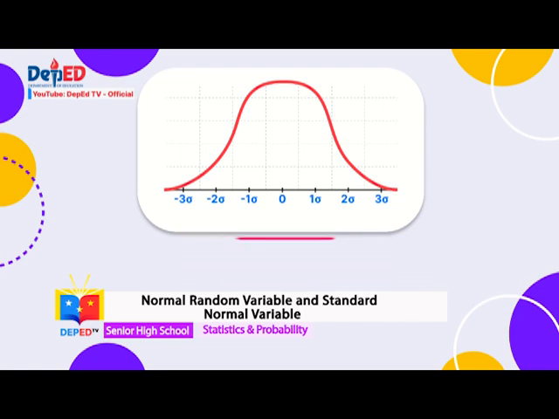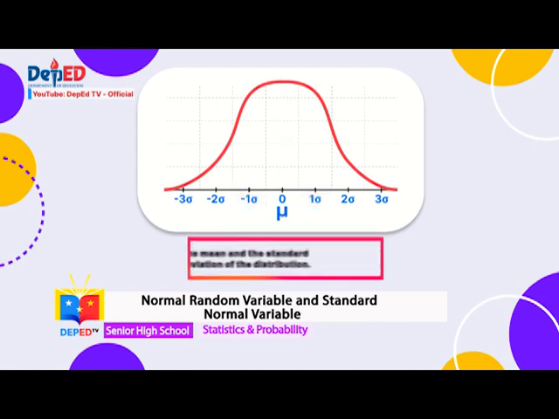It is presented using standard normal distribution where the center of the curve is 0, which is the mean, and added 1 unit from the center to the right and subtracted 1 unit from the center to the left. The shape of a normal curve is based on the two given parameters, the mean and the standard deviation of the distribution.